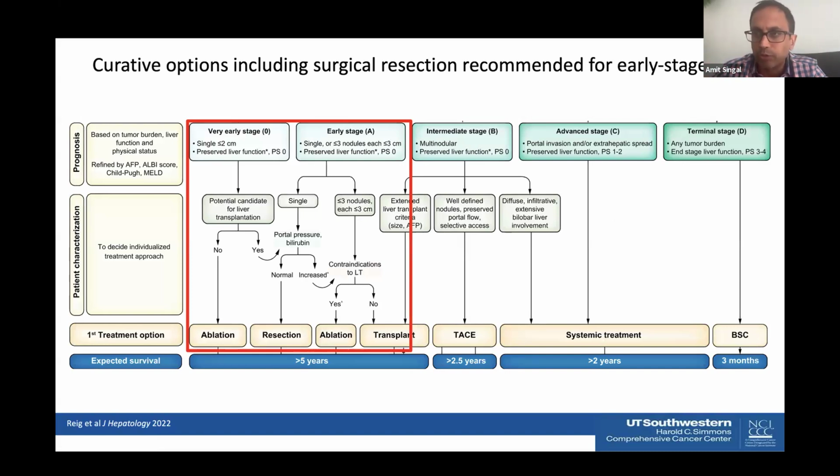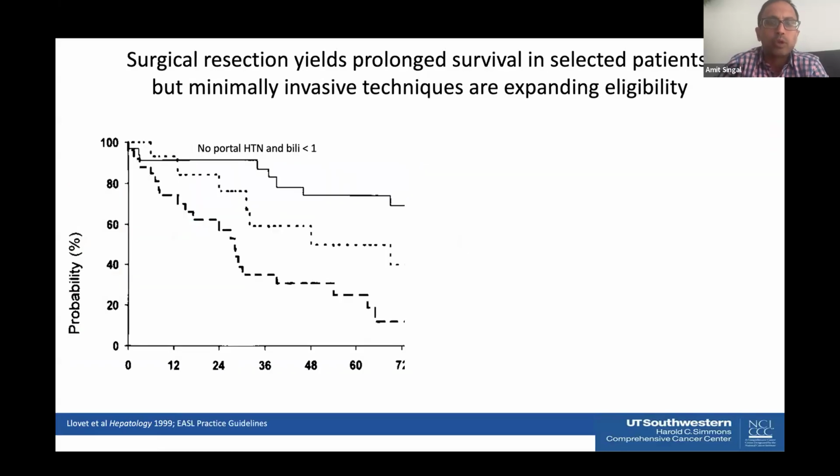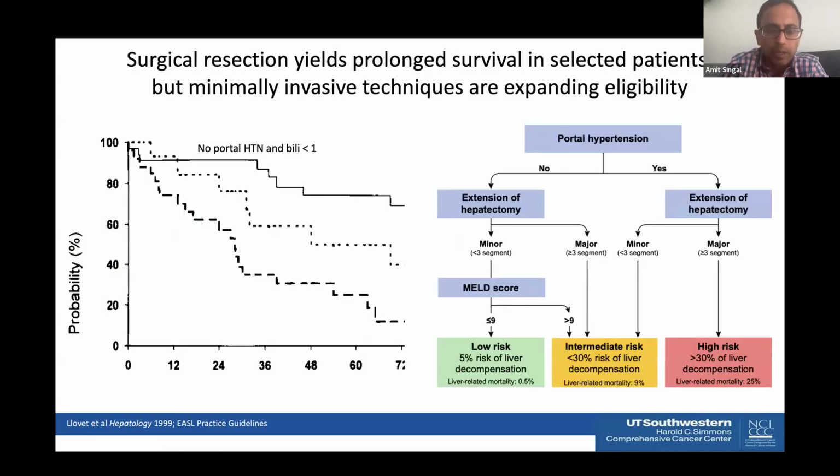We know that there's curative therapies available: surgical resection, local ablation, liver transplantation. And so, this is really a case, as I think everyone here knows, that surgical resection is an excellent therapy. We know that surgical resection can provide prolonged survival in well-selected patients, particularly those patients with Child-Pugh A cirrhosis and no portal hypertension.